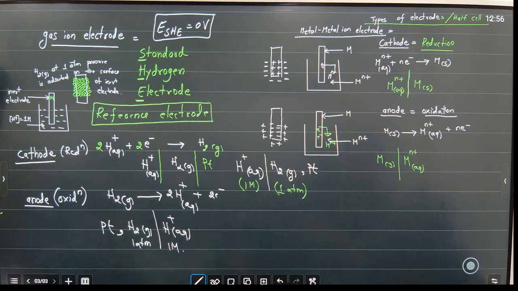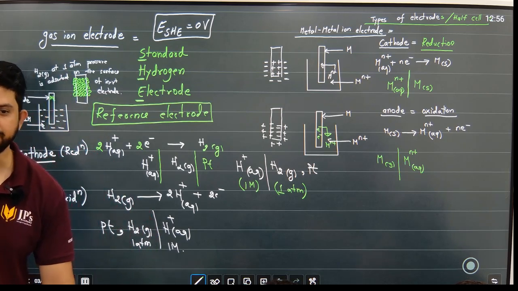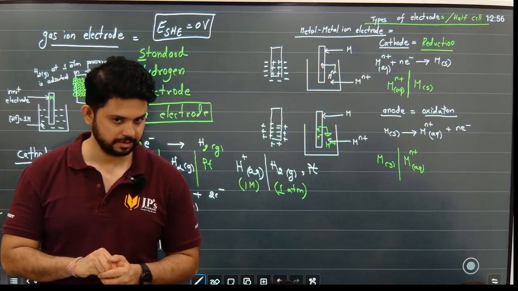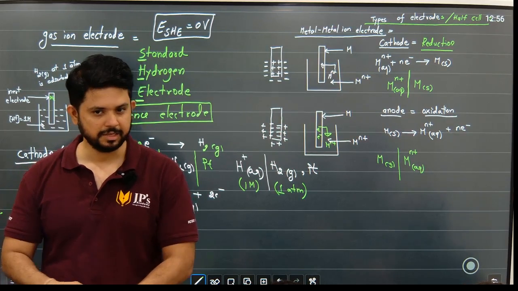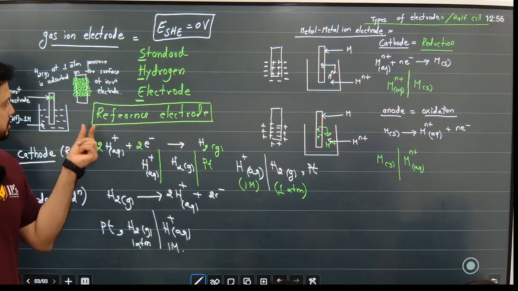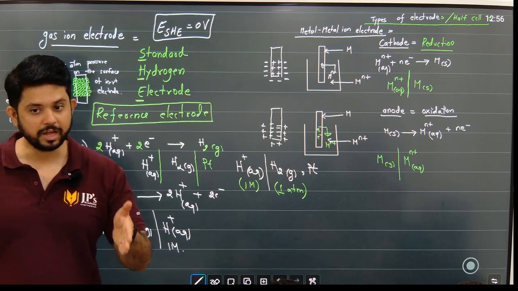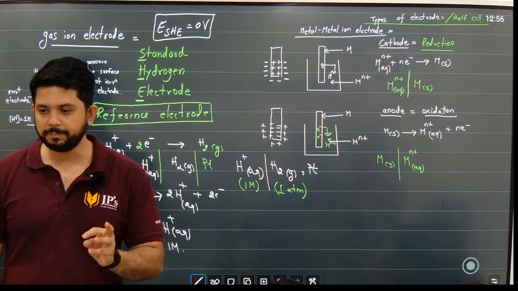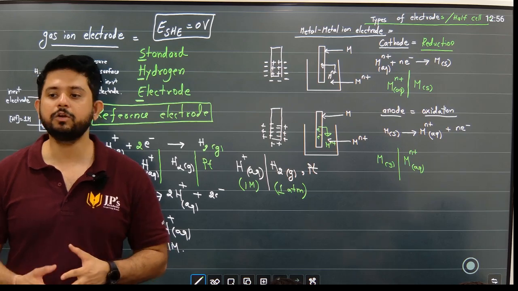Any questions in standard hydrogen electrode? Now there's a problem SHE में. It's very difficult to maintain. When you're bubbling hydrogen gas at 1 atm, even a slight change in the temperature of the solution, we all know that molarity temperature पे depend करता है. तो थोड़ा सा भी temperature change हुआ, molarity change जाता है, and the functioning of SHE changes.